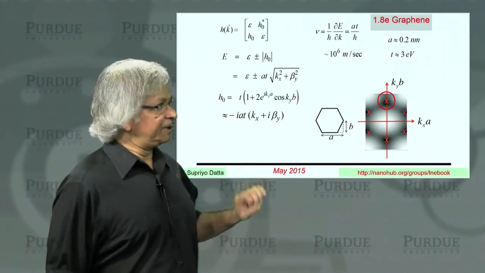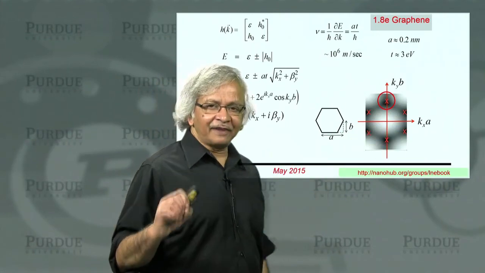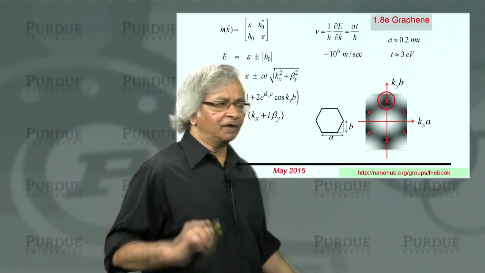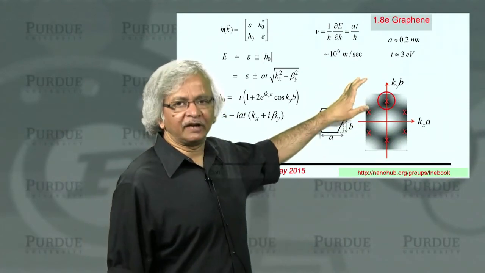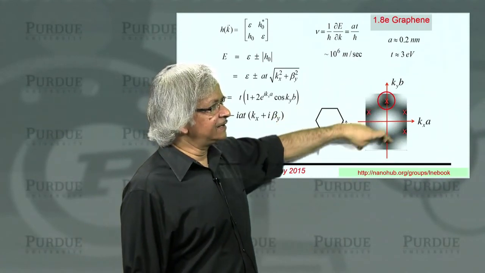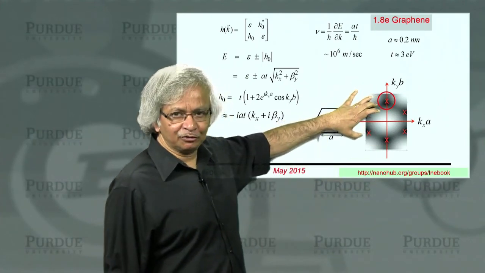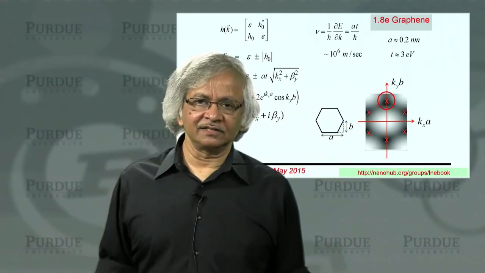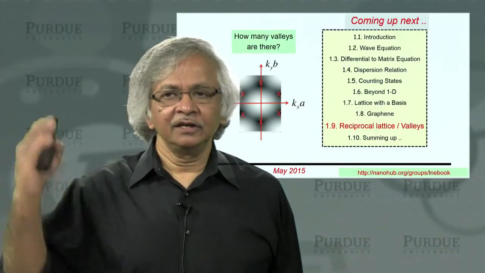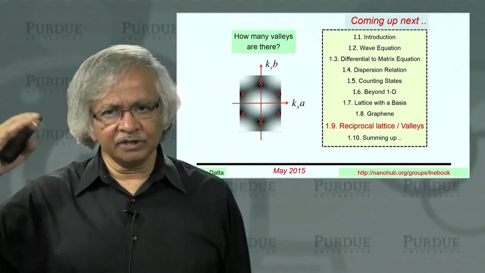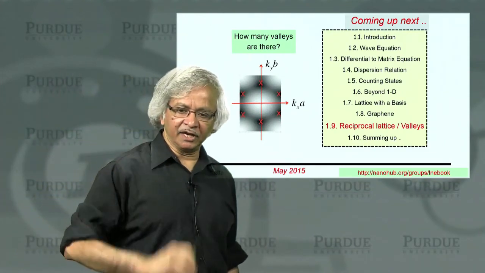But not really, because although this looks like 6, in graphene there are actually only 2 of these pockets. You call them valleys. So in graphene, there are actually 2 valleys. These 6, it's not the right number. It's effectively only 2. And so the ballistic resistance in graphene and in carbon nanotubes is actually 12 divided by 2, which is about 6 kilo ohms. And that's experimentally directly measured.